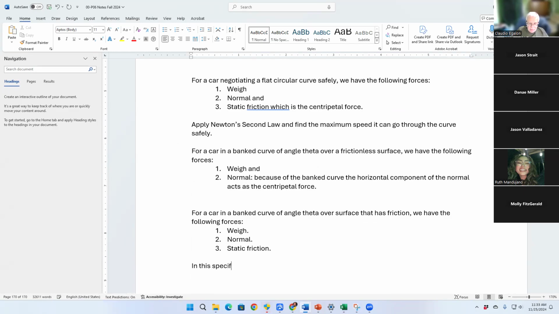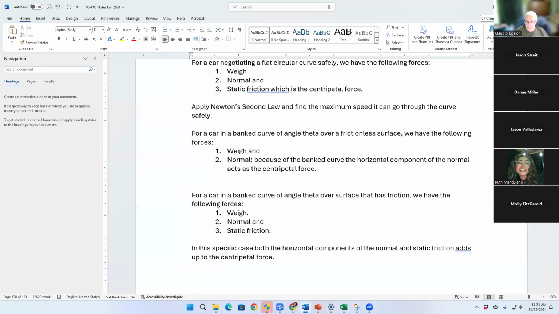In this specific case, both the horizontal component of the normal and the horizontal component of static friction add or subtract, to add up to the centripetal force.